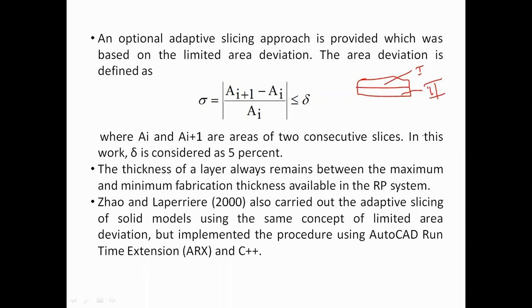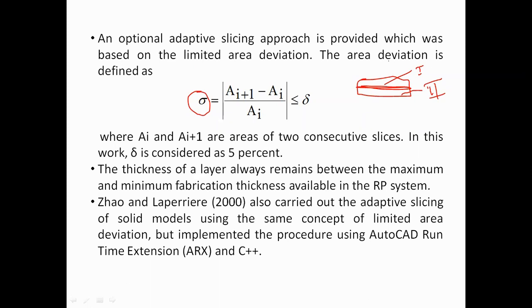In adaptive slicing, there may be some features or deviations due to manifold and non-manifold conditions in the solid. When we are cutting the solid into slices, this is the area deviation that is allowed. So what will be the area deviation?